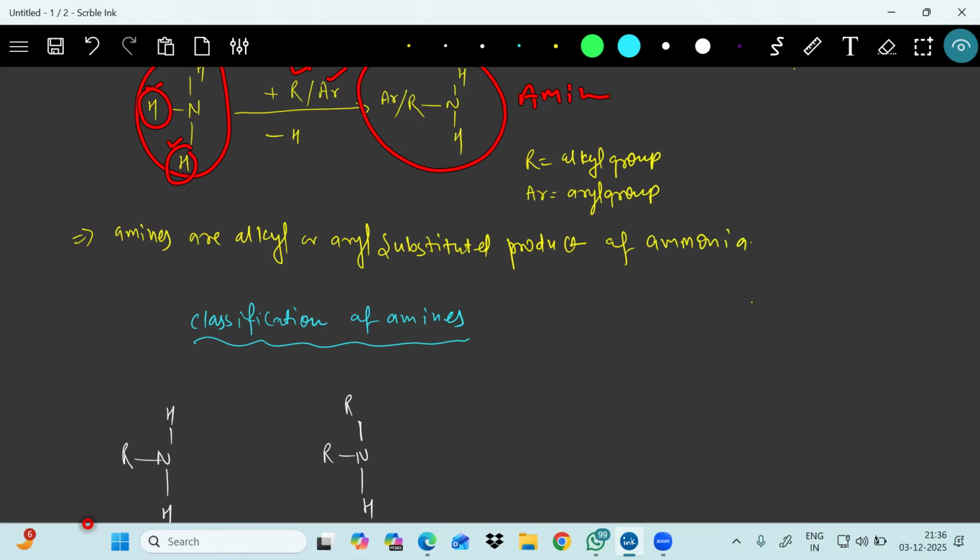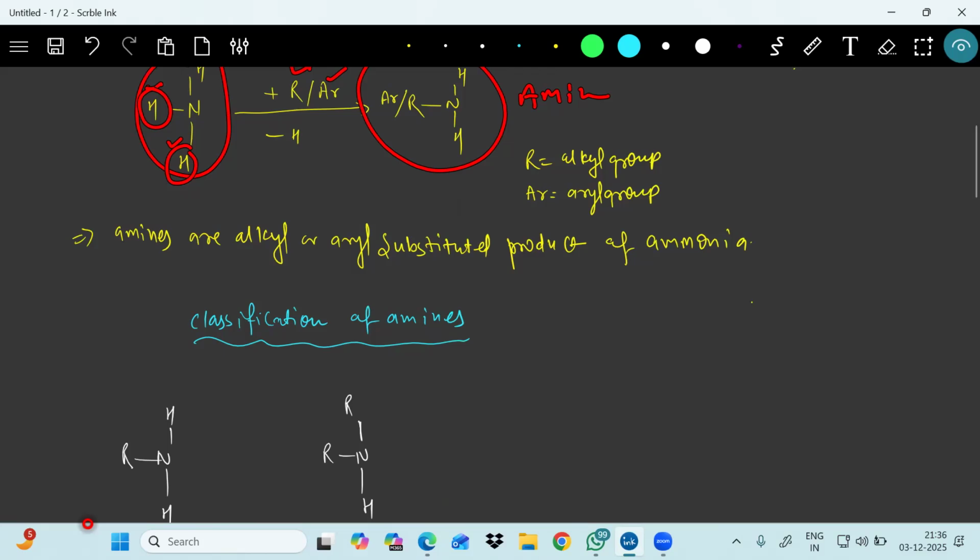If any aromatic ring is attached to the nitrogen, this will be aromatic, meaning aryl amines. And if there is no aromatic ring, the amine will be an aliphatic amine. Student: I understood, sir, I'm asking if you can write it in short.